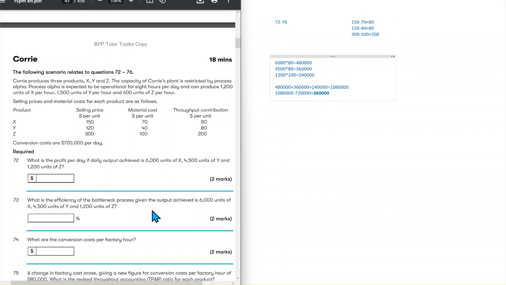what is the efficiency of the bottleneck process? What is the efficiency of the bottleneck process given the output achieved is 6,000 units of X, 4,500 units of Y, 1,200 units of Z? What would be its efficiency?